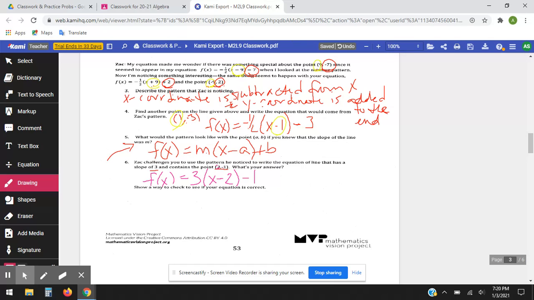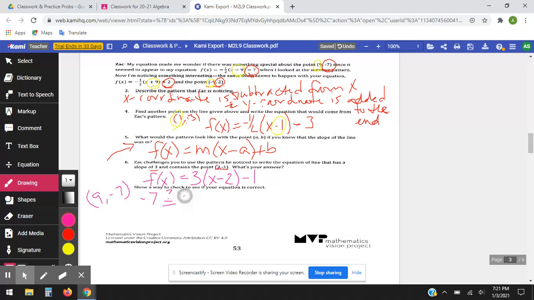Well, if I substitute any point in there, it should match, right? So let's go ahead and substitute in the coordinates of 9, negative 7. So if we're using the coordinate 9, negative 7, I should have negative 7.